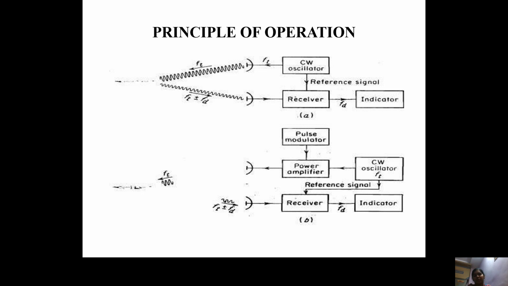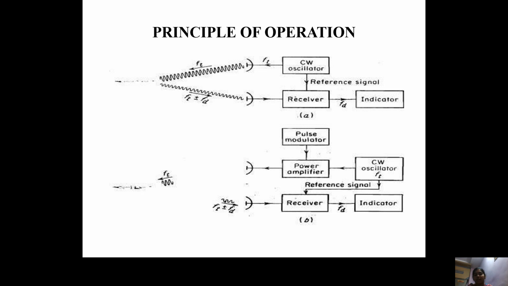If it is approaching you, the resultant frequency will be ft plus fd. If the target is going away from you, it takes a value of ft minus fd. This is the resultant echo signal which is of our interest.